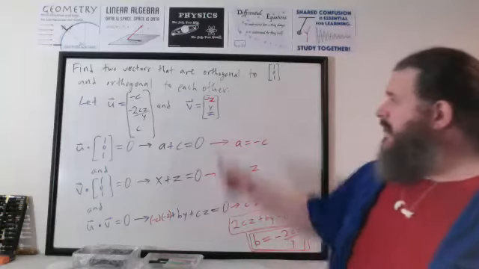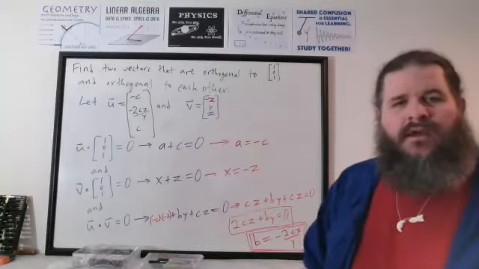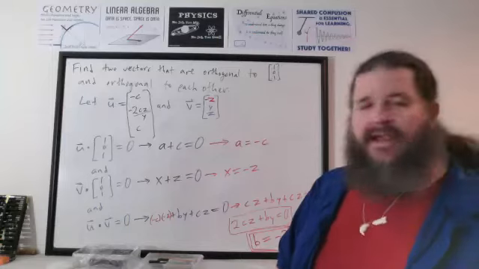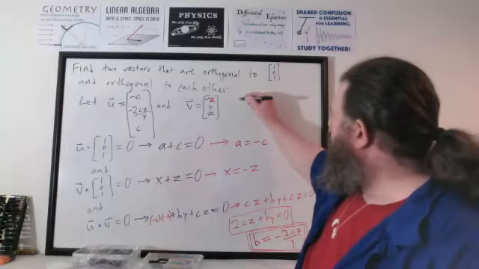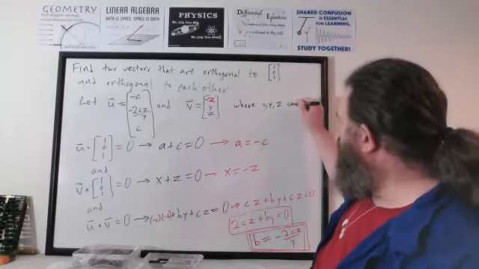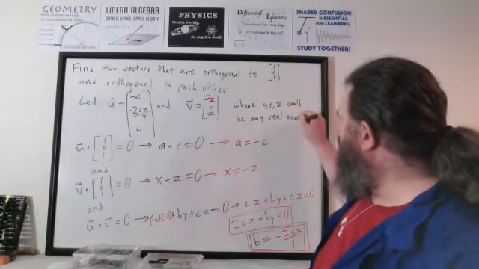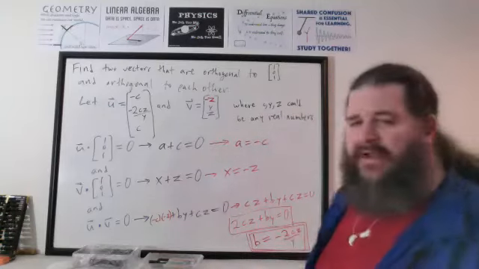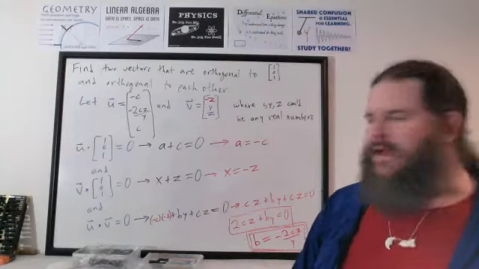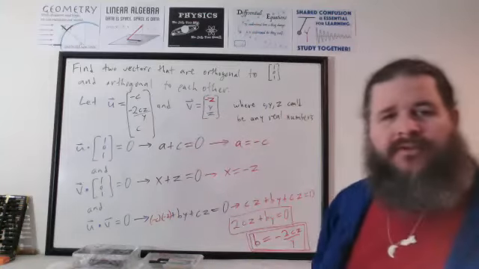Because the only restriction on x was that it has to equal negative z, and we got no restrictions on y and z. So we could say we're treating z, y, and c as free variables. Free variables in the sense that those 3 values are free to be any real numbers. But the other values, a, b, and x, have to be replaced by these formulas in order for this to work.